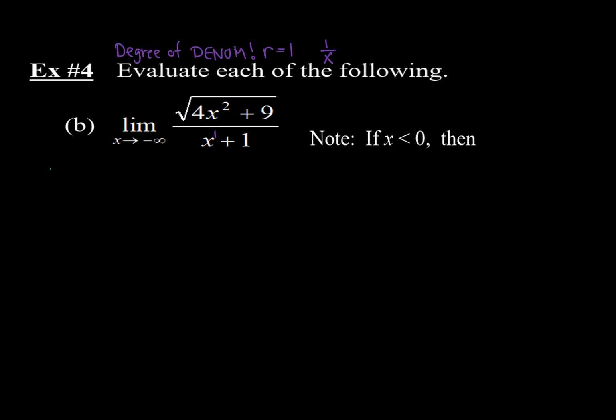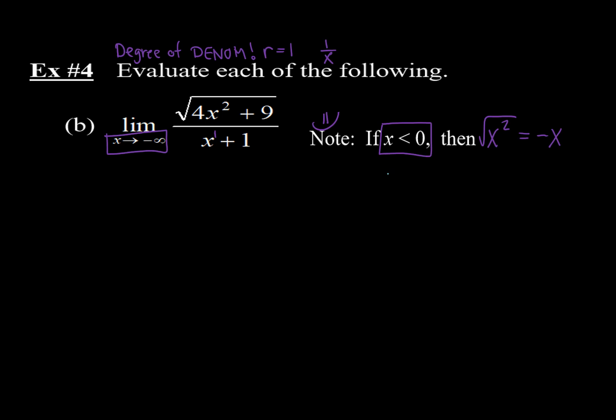All right, so we do also have this other thing coming up. Keep in mind that if x is less than 0, then when I take the square root of x squared, I'm going to get a negative x. How do I know that x is less than 0 for this problem?